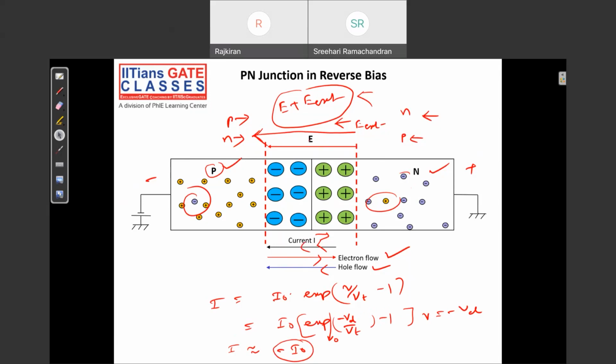Even though the electric field is supporting, the carriers are limited. Whatever carriers are there will travel, and that is constant because the carriers are very, very few. So this will happen in reverse bias. The current is very small, approximately minus I0, because it is limited by the number of carriers on the P side and the N side. That's why it is called the reverse saturation current.